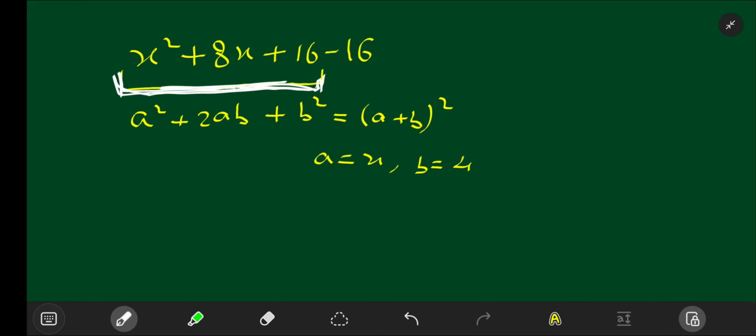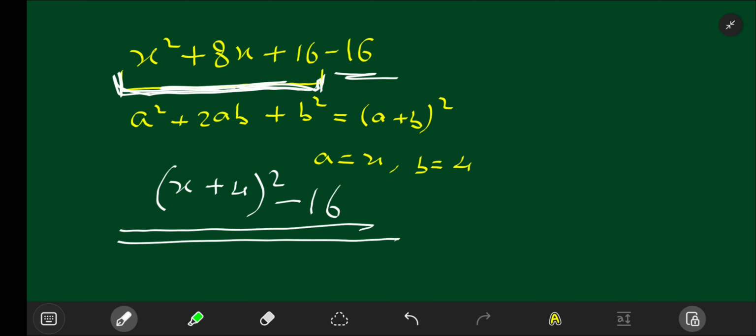So it can be written as x plus 4 whole square, again this 16 is there, minus 16. This is the actual conversion of the given equation into perfect square. Now this equation is in the form of perfect square. Okay, do you understand?